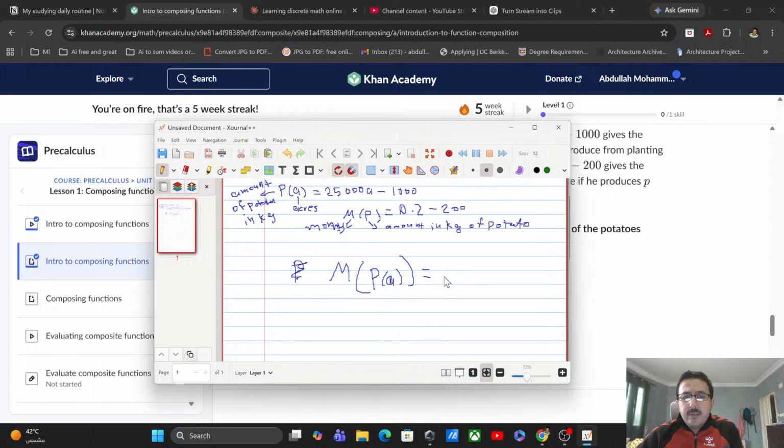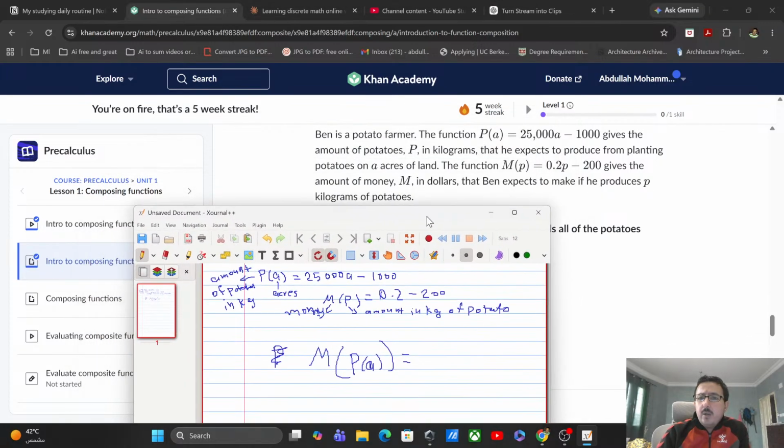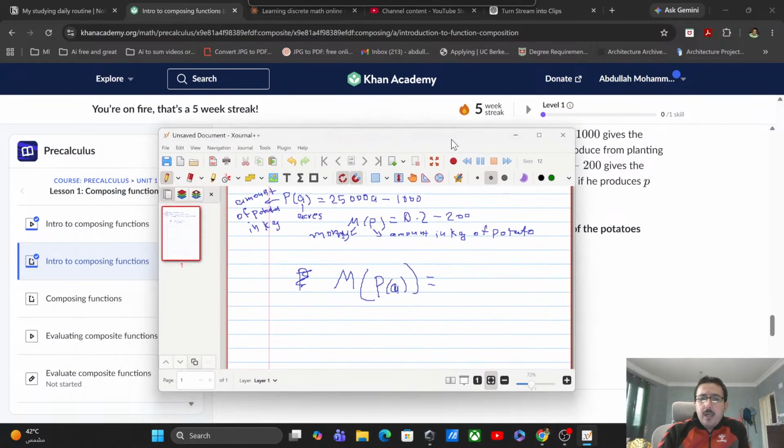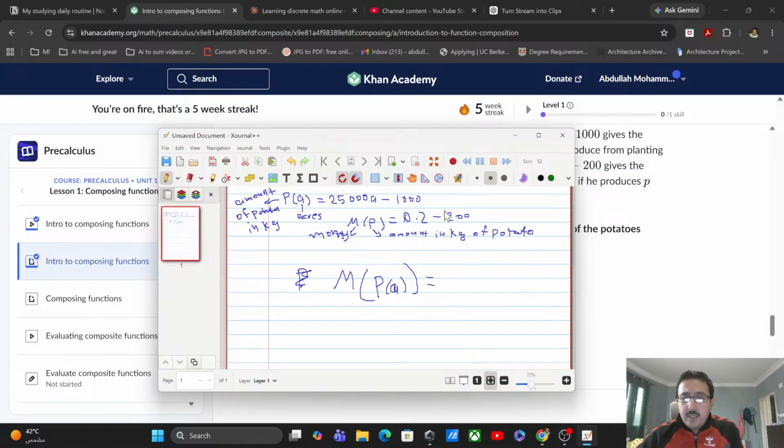This formula doesn't make sense. There's no way we can plug anything here. It says 2P here.